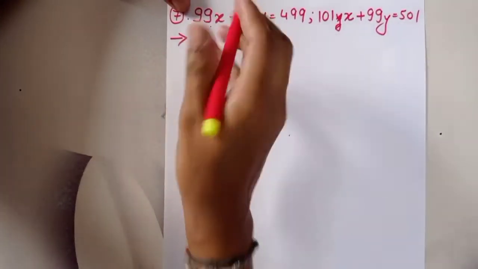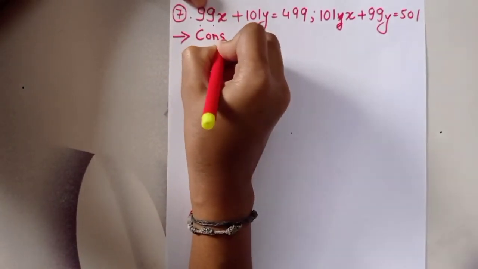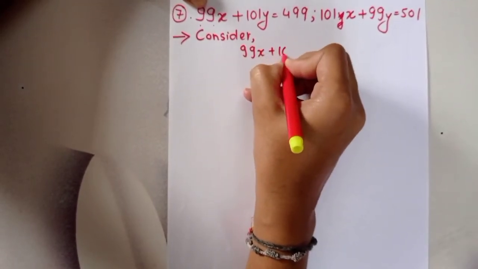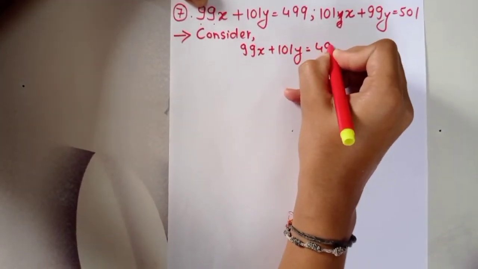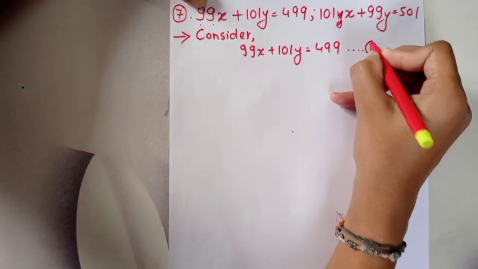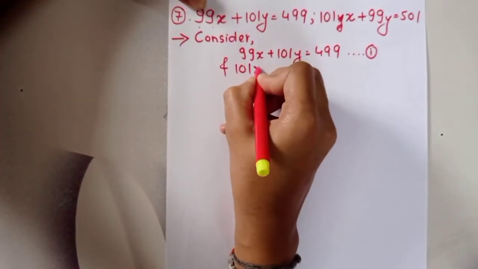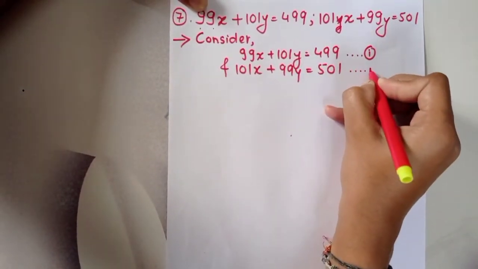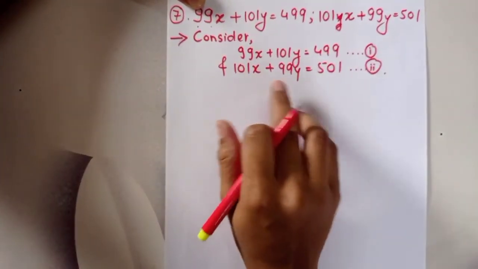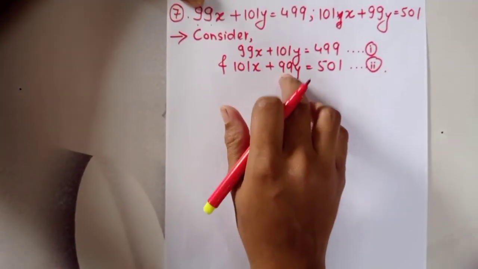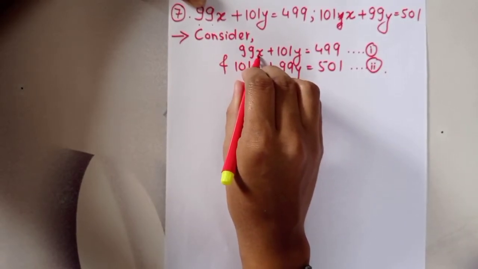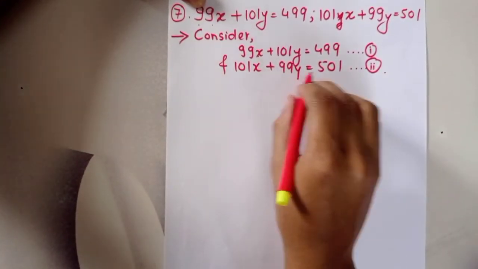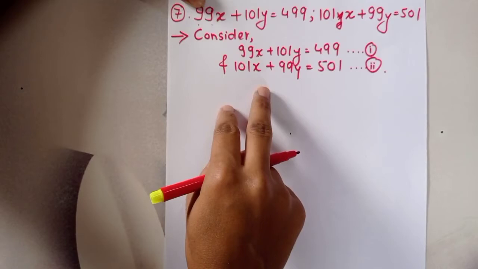But the easy method is, first of all, consider 99x plus 101y is equal to 499 as the first equation, and 101x plus 99y is equal to 501 as the second equation. Here one trick we can see in these equations: the constants of x and y in the first equation and the constants of the variables x and y in the second equation have been interchanged.